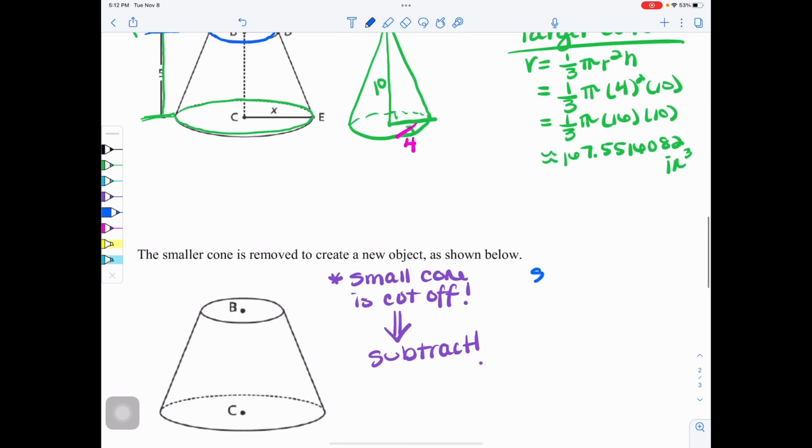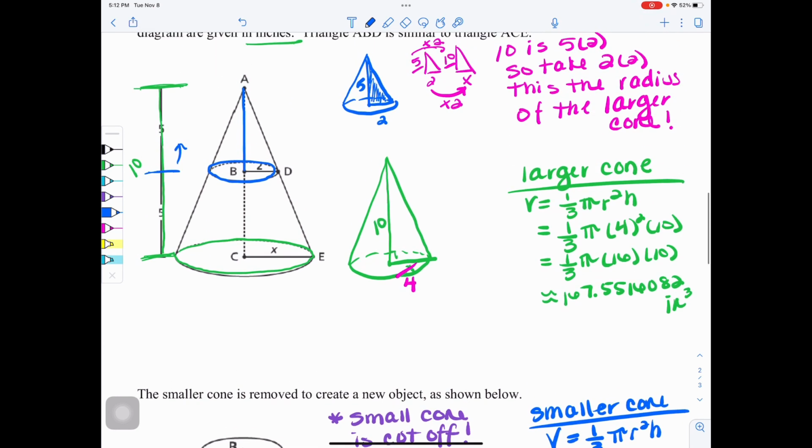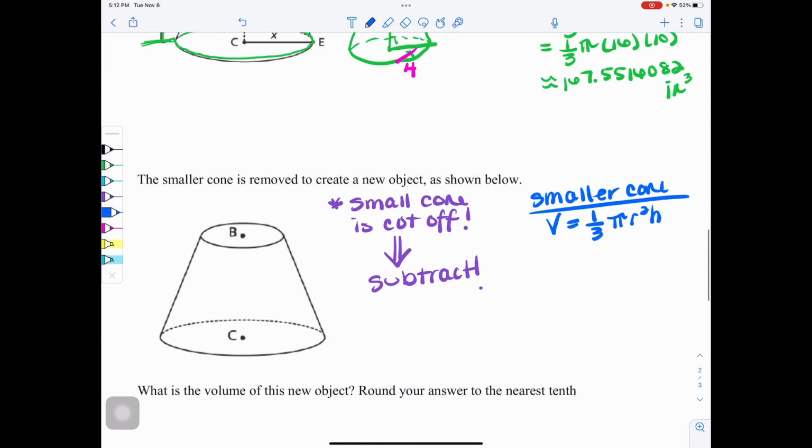We'll do that down here in this area. So smaller cone. Still the same formula. Volume equals 1/3 pi r squared h. Looking back up, trying to color code here, the blue, the smaller one. Our radius was 2, our height was 5. So we're going to do 1/3 pi.